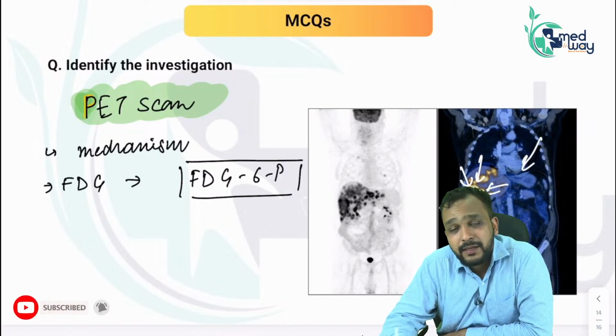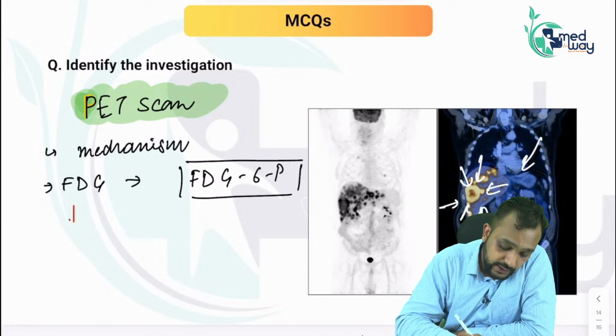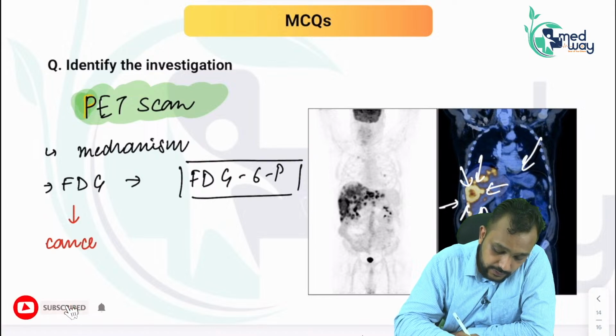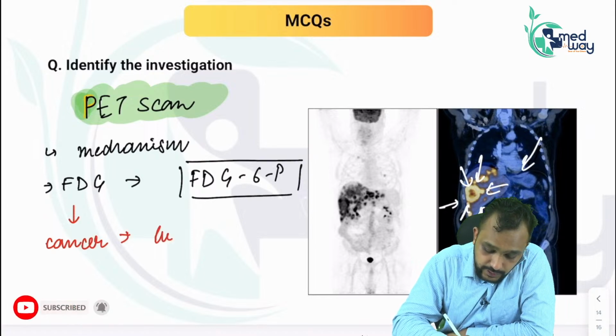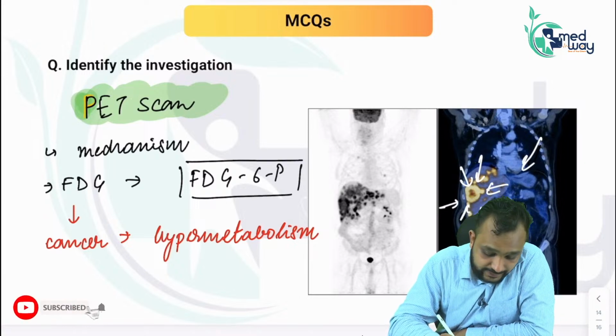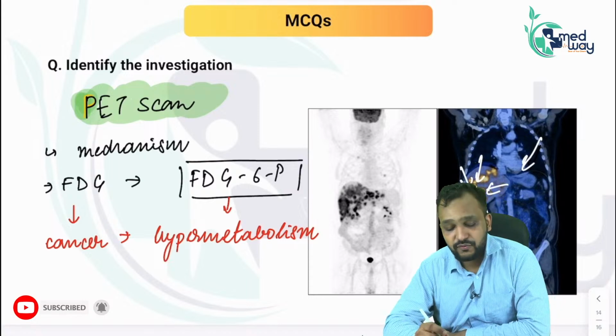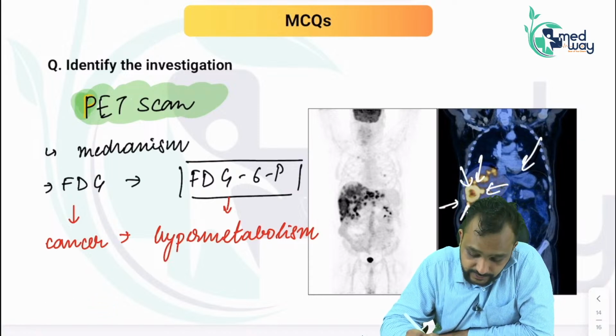Now this metabolism of fluorodeoxyglucose will take place in the cancer cells, because they are in a hypermetabolic state. They are going to metabolize fluorodeoxyglucose more, and this will result in production of fluorodeoxyglucose 6-phosphate, right?